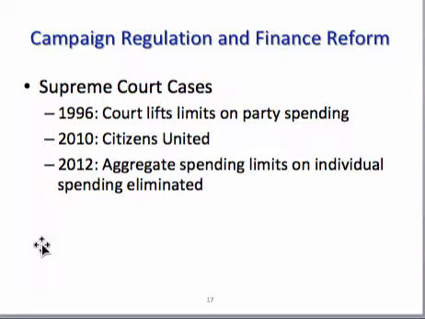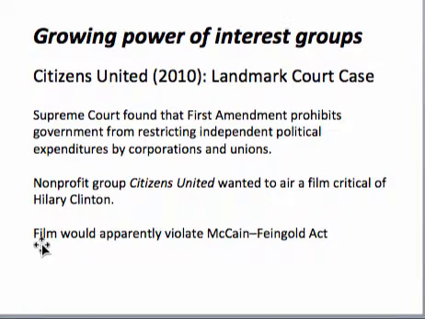One of the key factors in running the elections, running campaigns, is that the limits on campaign spending were more or less lifted by the Supreme Court in recent years. The key case that comes up is the Citizens United case.